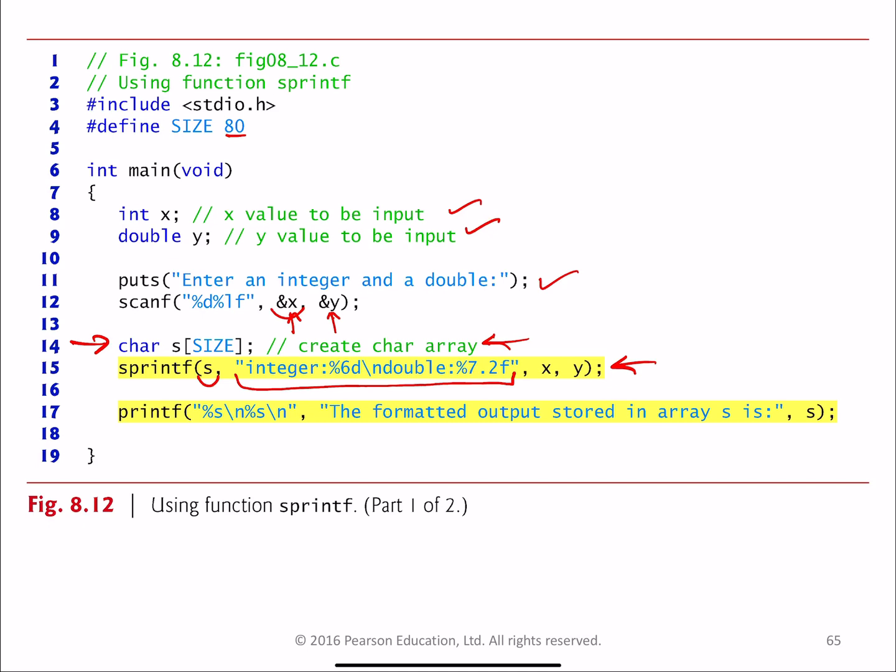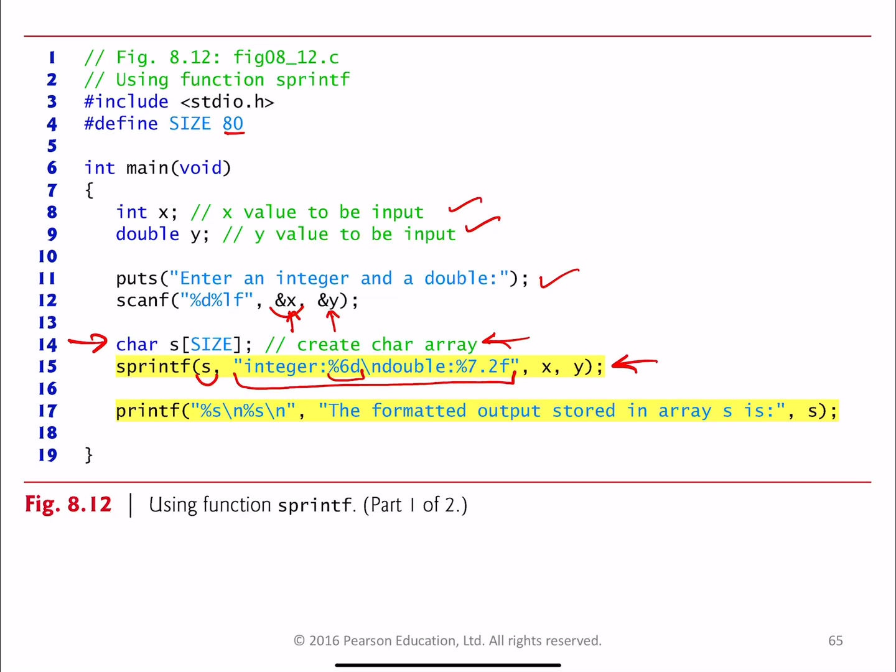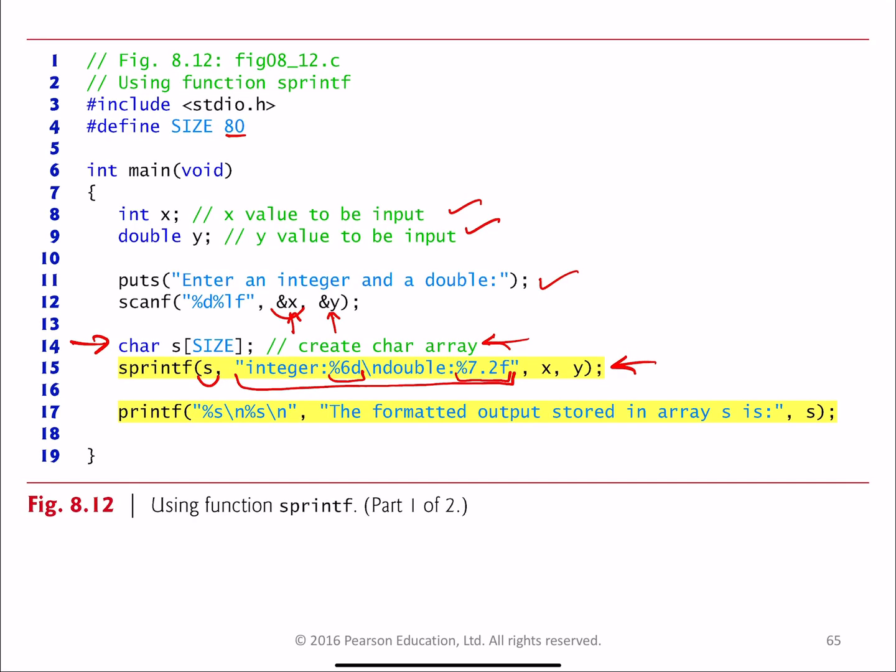This string also contains two format specifiers: one for the integer x, which we're going to print out as a 6-digit decimal number, and one for y, which we're going to print out as a 7-digit number with 2 digits after the decimal point.